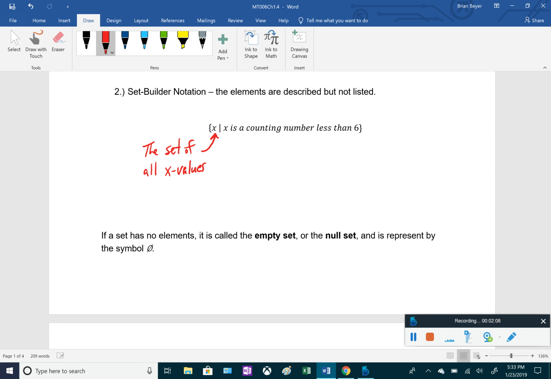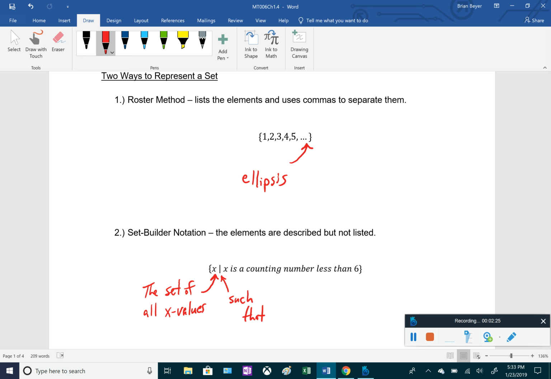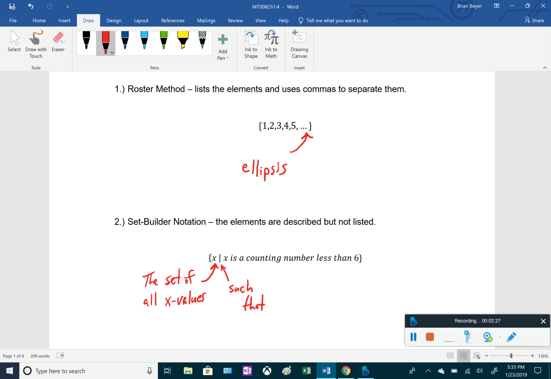We have this vertical line next to it, which is read as "such that." And then in this case it says x is a counting number less than 6. These are actually the same set as the roster one, just one's in the roster method and the other's in set builder notation.